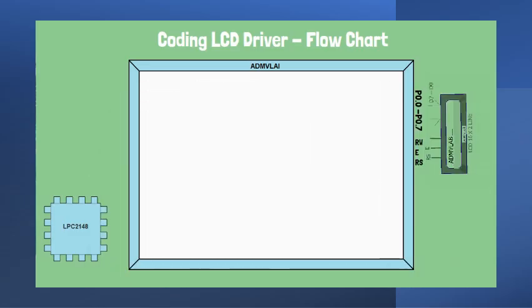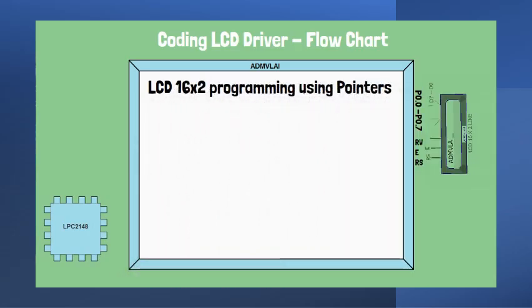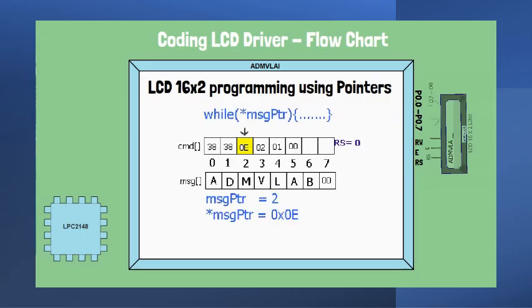Let us try to understand the working of pointers. The first step is to configure the LCD controller by setting the RS bit low. The memory pointer points to the command table and reads the command until it hits a null character. The next step is to display the message. This can be done by setting the RS bit high.